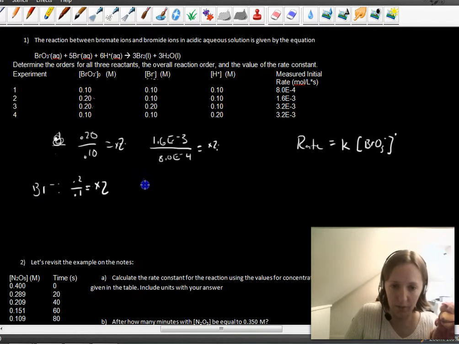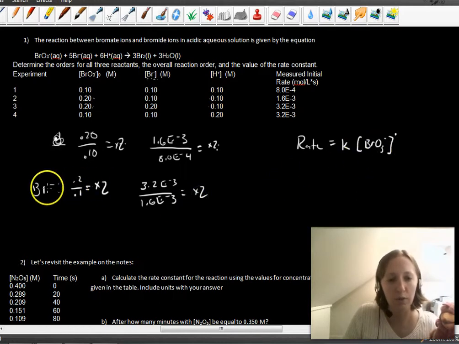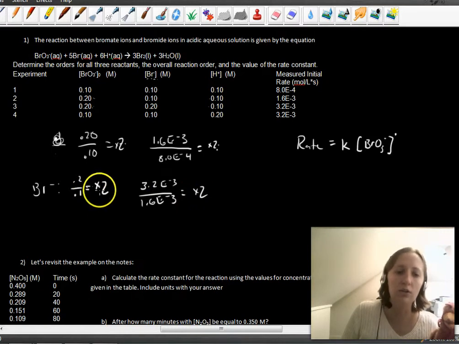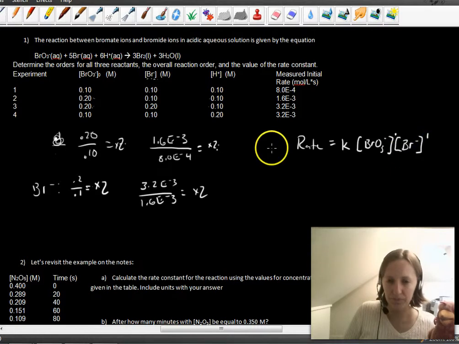You go from 3.2 e negative 3 to 1.6 e negative 3. So that is also times 2. So that means the rate reacts linearly to an increase in bromide. So your bromide is first order.